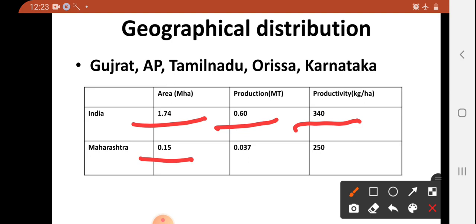About Maharashtra, 0.15 million hectares of area is there, and from this we got 0.037 million tons of production, and productivity is up to 250 kilograms per hectare.